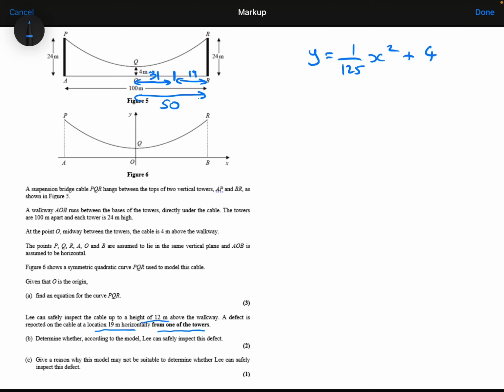So let's think, what's the height when x is 31 according to the model? So that gives me a height of 11.688, which is less than the maximum height of 12 metres that he can inspect. So yes, Lee can inspect that defect.